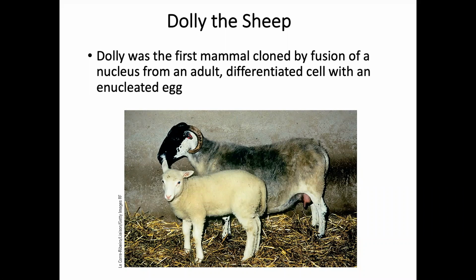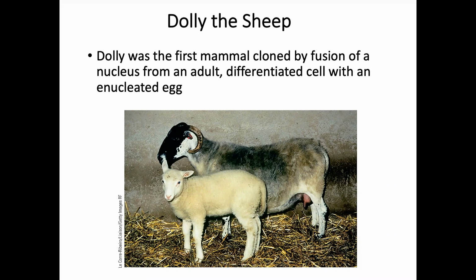So this slide shows Dolly the sheep together with her surrogate mother. Dolly was cloned by fusion of an adult cell and an enucleated egg. Dolly was the first mammal cloned by nuclear transfer.